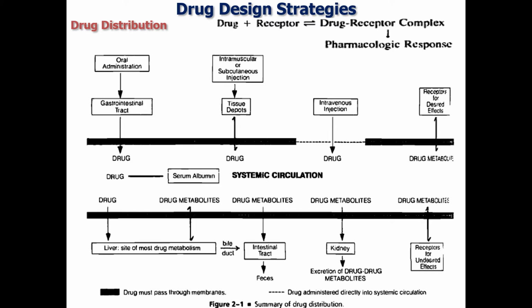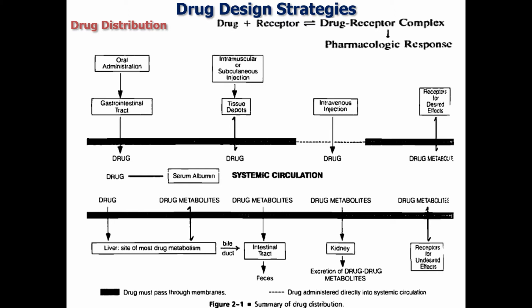And here in the systemic circulation, it should survive many sites of attachment, like for example proteins like serum albumin, or the storage sites, tissue depots, and also should avoid significant metabolic destruction in the liver before it reaches the site of action, which is usually the receptor.